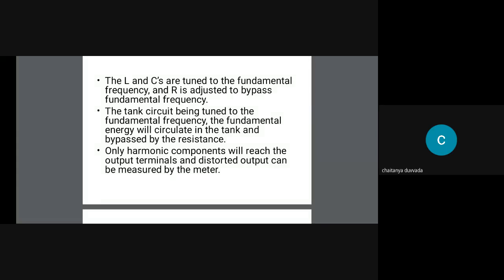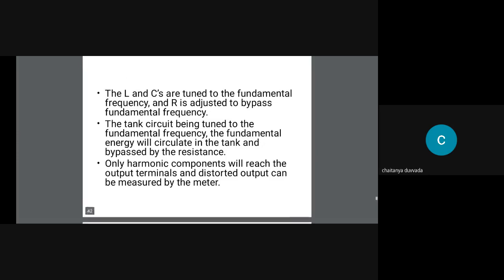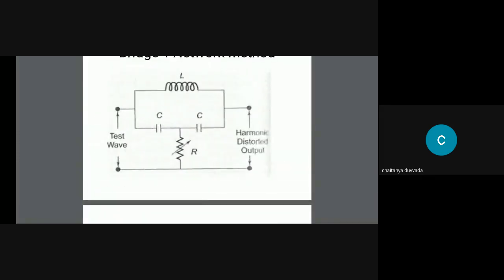And the last point is that only harmonic components will reach the output terminal, and distorted output can be measured by the meter. This means at the output terminal only harmonic components can be reached. What is the meaning of harmonic? Many times we have discussed this topic regarding harmonics. A complete cycle is known as one harmonic, with both positive half cycle and negative half cycle.